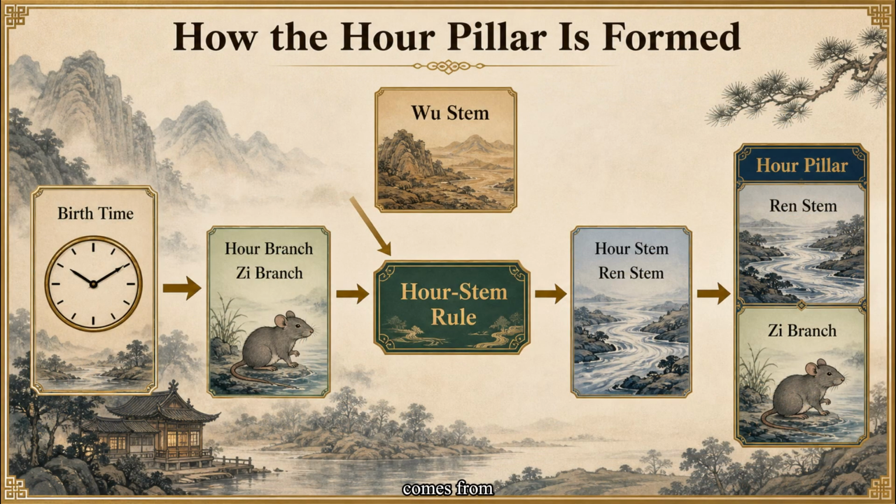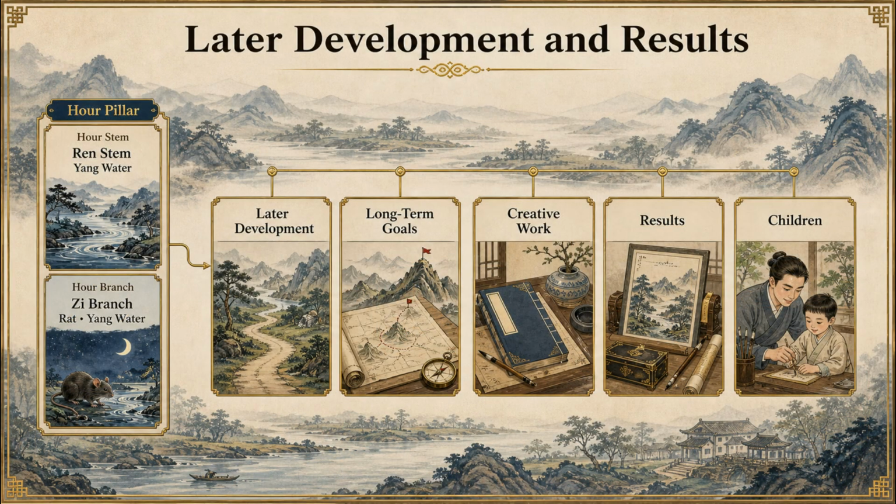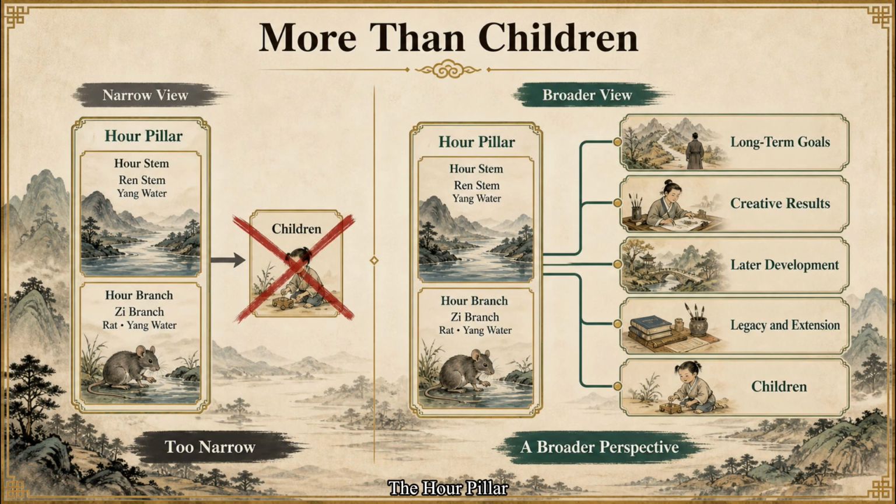The hour branch comes from the birth time period, while the hour stem is derived from the day stem through a fixed rule. Traditionally, the hour pillar is often used to examine later development, long-term goals, creations, results, and relationships with children. The hour pillar should not be reduced to children alone. It can still describe later results and extensions, even when a person has no children.